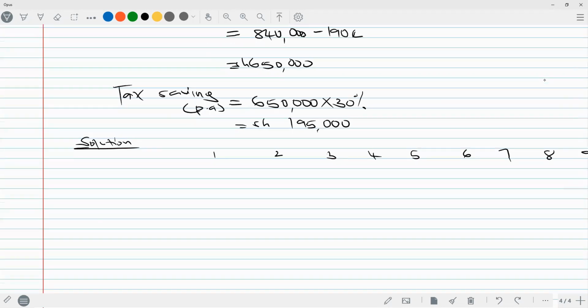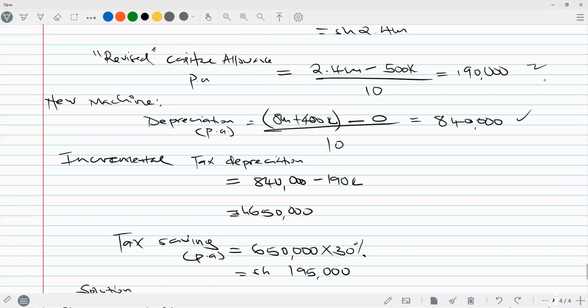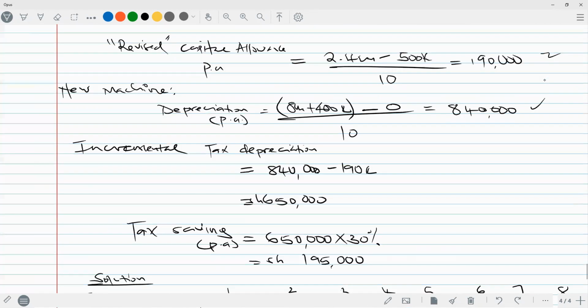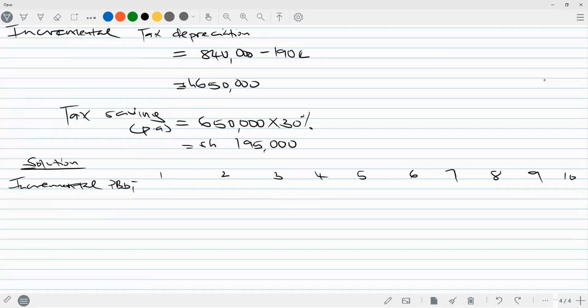Okay, we have here incremental profit before depreciation and tax. We have done this working somewhere. So year 1 we have 70,000. Year 2 we have 100,000. Let me have them in thousands, just to avoid having too many zeros.